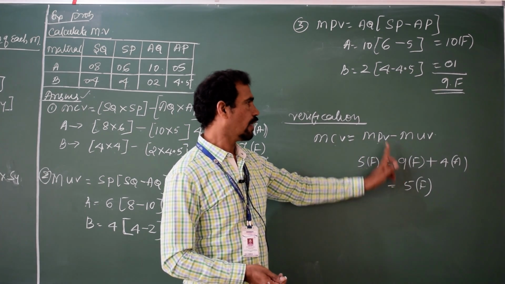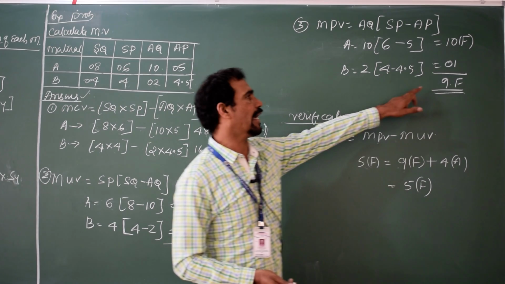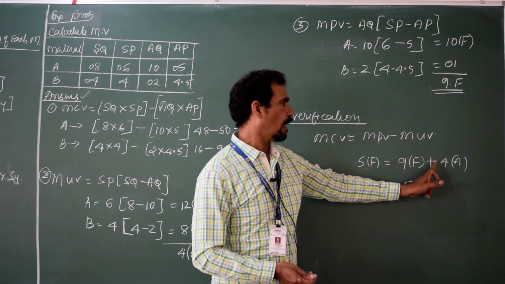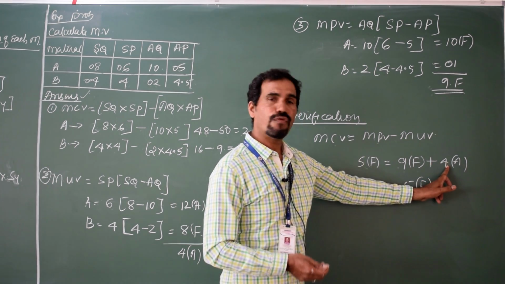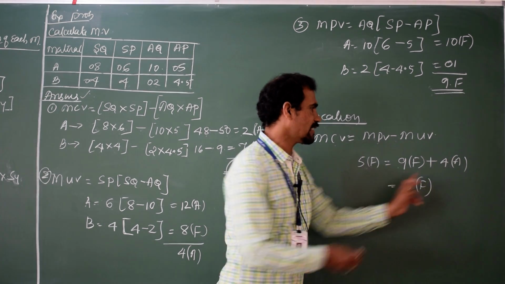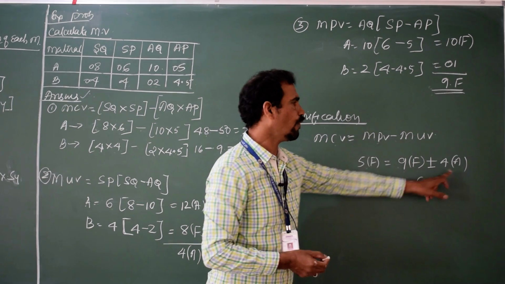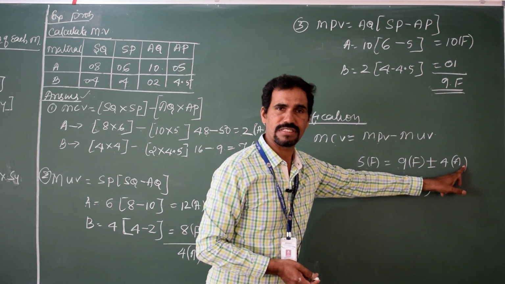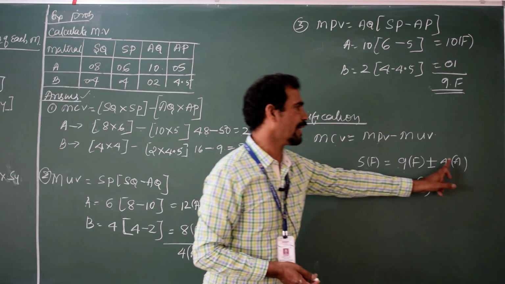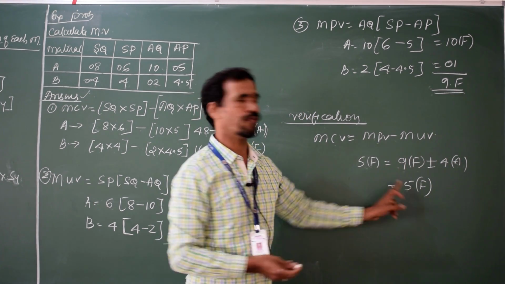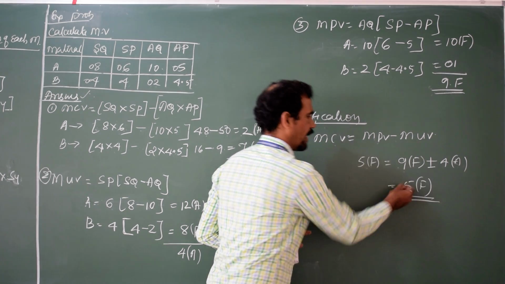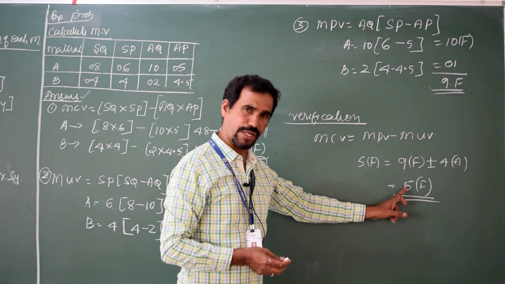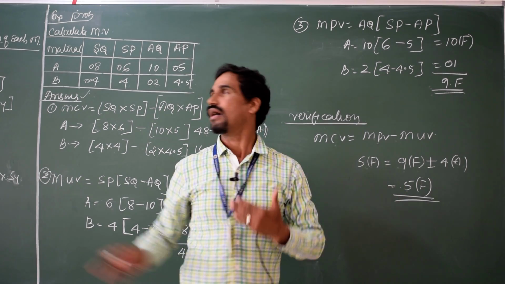Material price variance is 9 favorable, material usage variance is 4 adverse. So 9 favorable minus 4 adverse, 9 minus 4 equals 5 favorable for material cost variance. So the material cost variance is exactly 5, 100% the answer is correct.